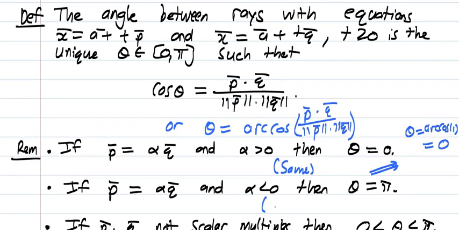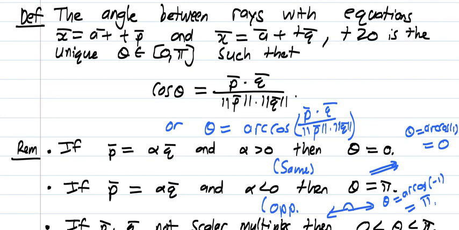If p is a scalar multiple of q, and that scalar is negative, then the rays are in opposite direction, and so we want the angle to be pi. And in that case, if you calculate p dot q over the norm of p times the norm of q, then you see that theta becomes arccos of -1. And arccos of -1, remember, looking at the arccos curve, evaluates to pi.